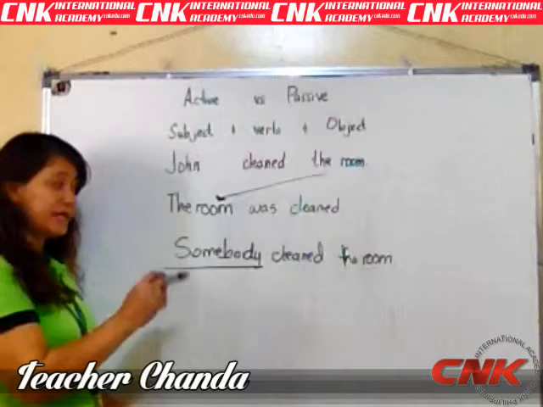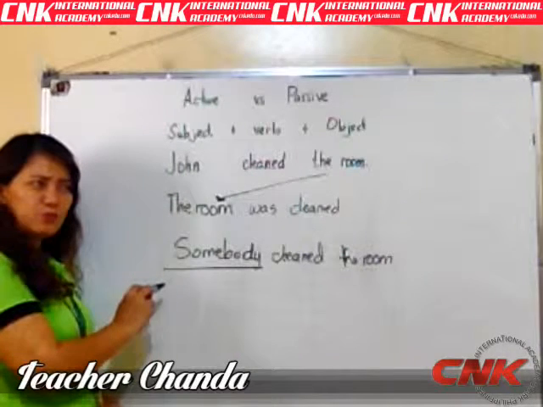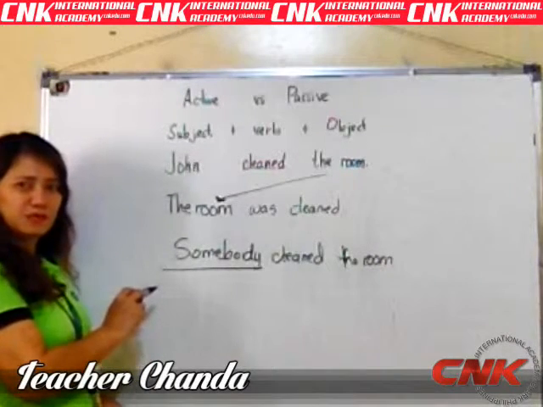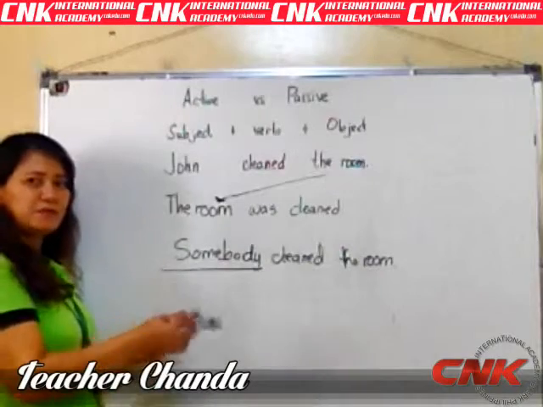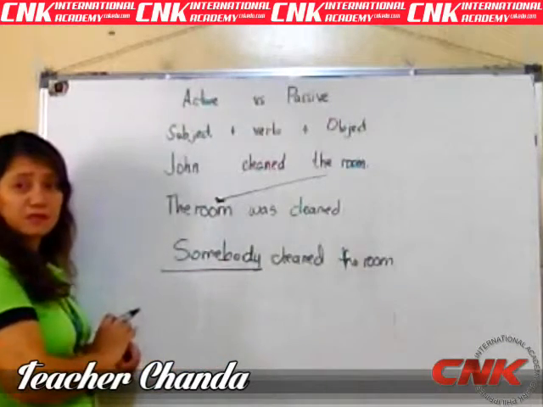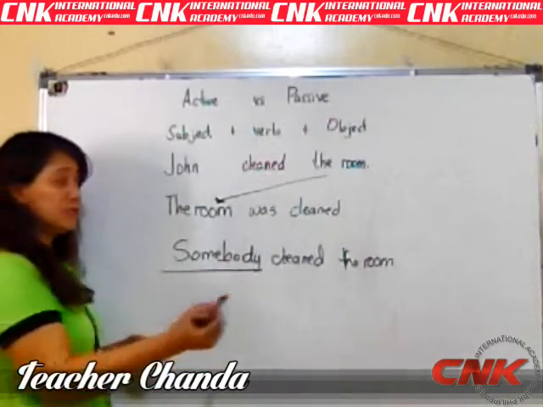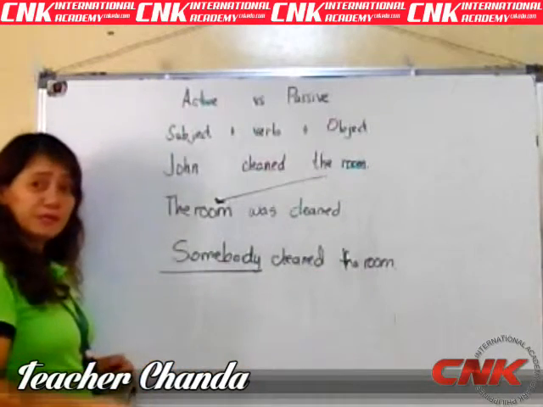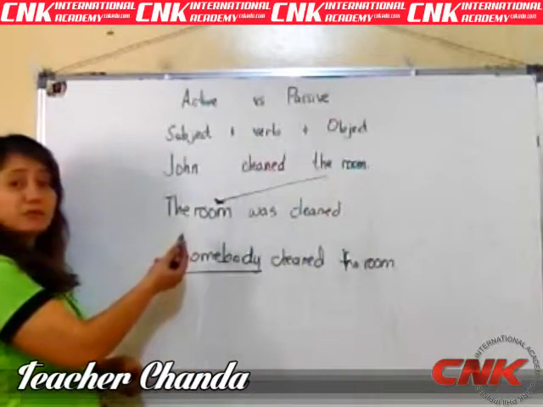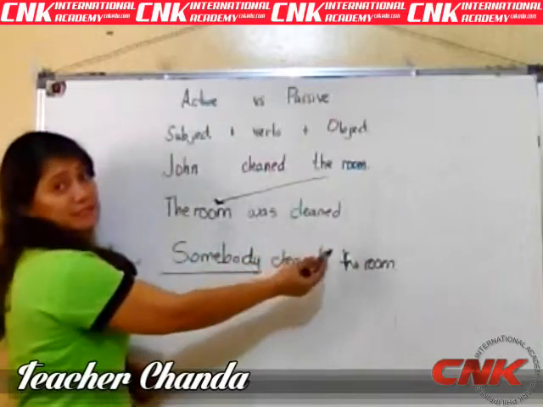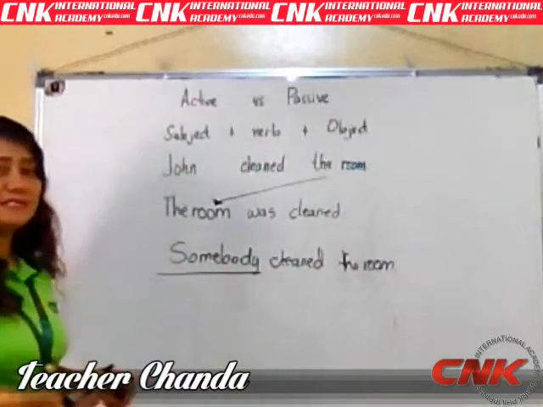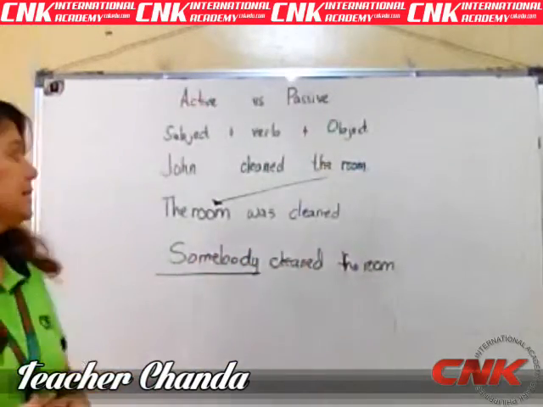So in cases like this, because we couldn't know who is the subject, we don't have to focus on the subject. We just have to focus on the receiver of the action, like here. We can also say, the room was clean. Okay? Is that clear?